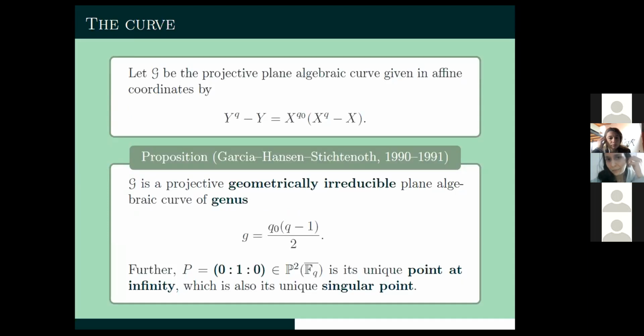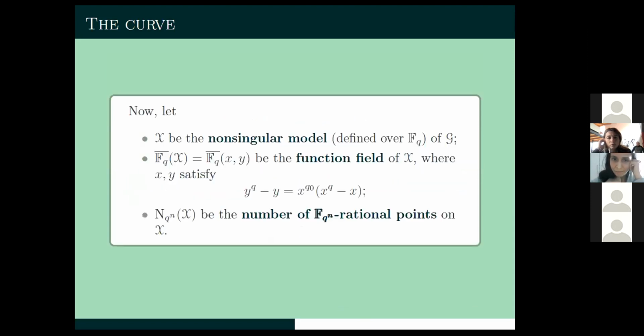I forgot to mention that these properties were studied by Hansen and Stichtenoth for the even case, and by Garcia and Stichtenoth for the odd case. We now consider the non-singular model of this curve, which we denote by X, and fix some notation.